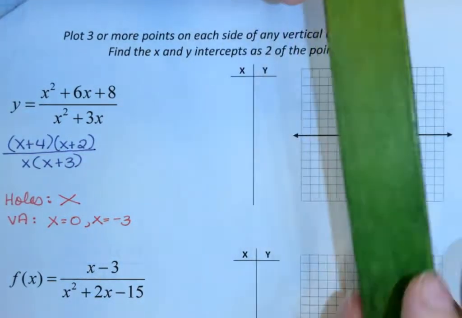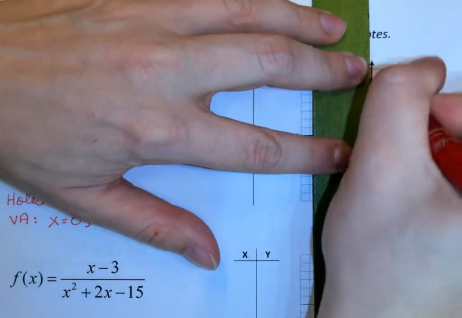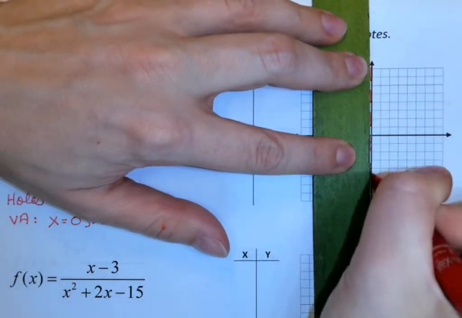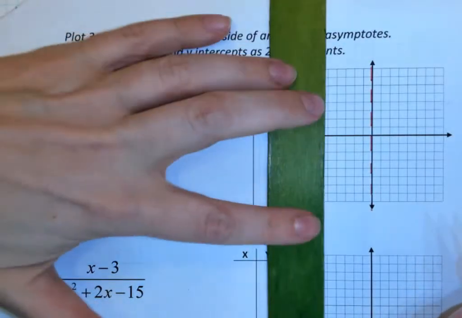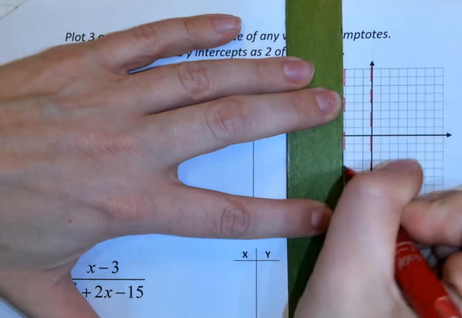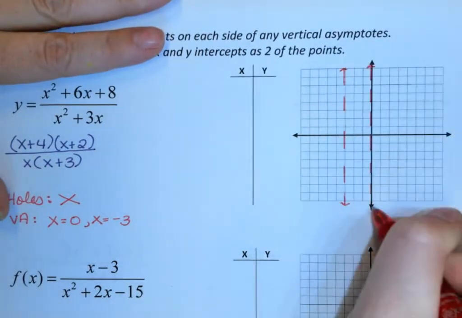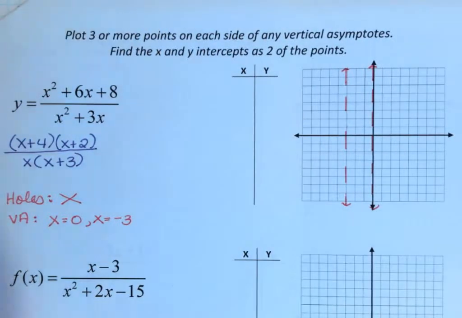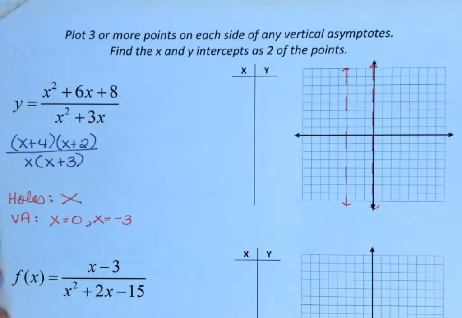I'm going to go over to my graph, and when x is equal to 0, I'm going to draw an asymptote. Asymptotes are always dashed lines because they're guidelines for us. And then I have x equals negative 3, so I'm going to draw another dashed line right there. Okay. So we've done holes, we've done vertical asymptotes.